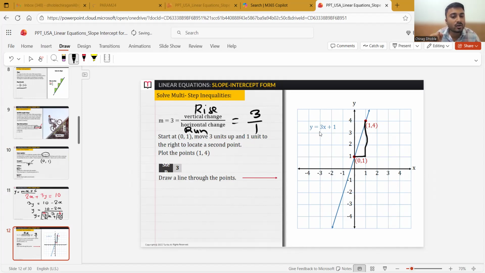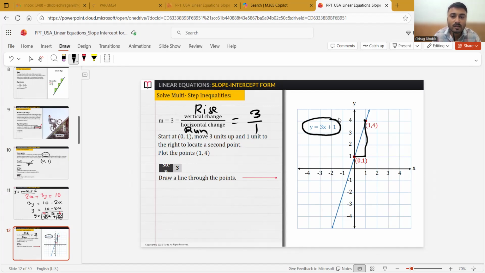So I will get my new point, that is (1, 4). Now I have 2 points of the line. I can just connect them, and that will give me the line with the given equation, y is equal to 3x plus 1.